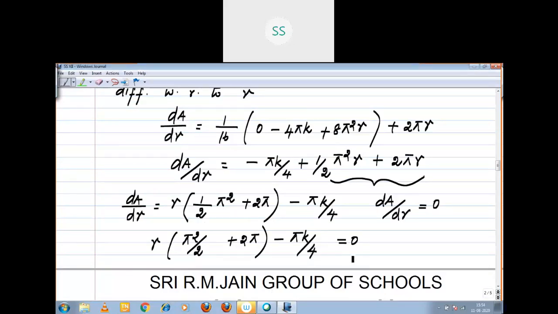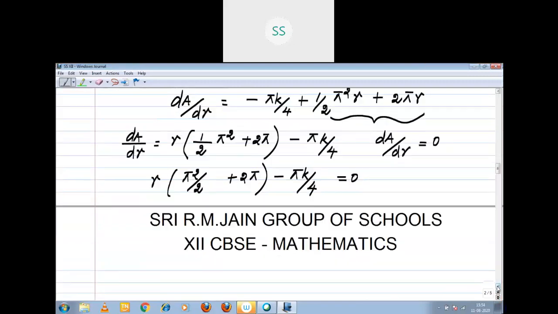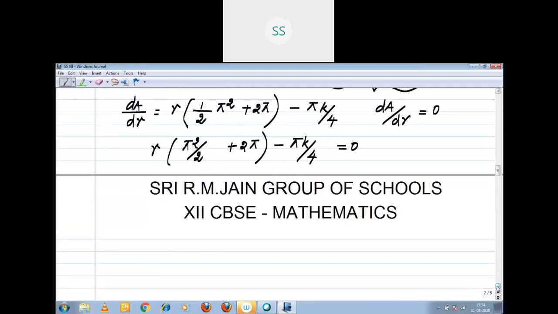Next, the pi k by 4, you shift to the opposite side. Now, r into pi square by 2 plus 2 pi equals pi k by 4.